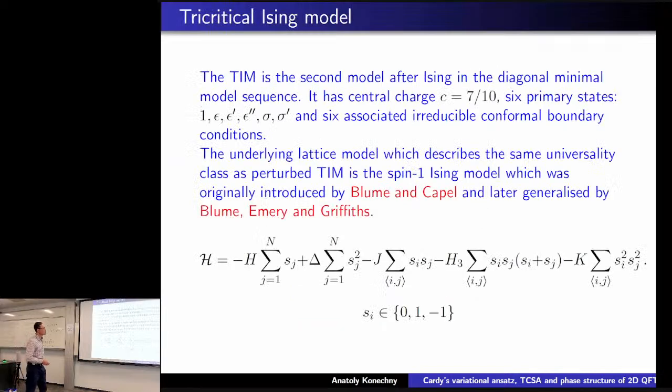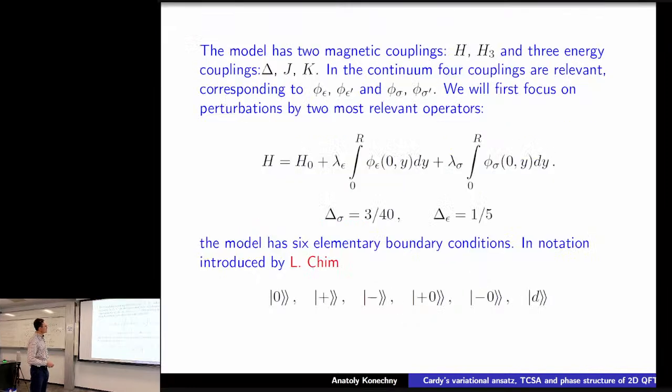The tricritical Ising model offers more interesting phenomena. I have an underlying lattice model, which essentially is a spin-one Ising model, so my discrete variable takes the value 0, +1, or -1. With it, one obtains 6 conformal boundary conditions, because there are 6 primaries in this theory.